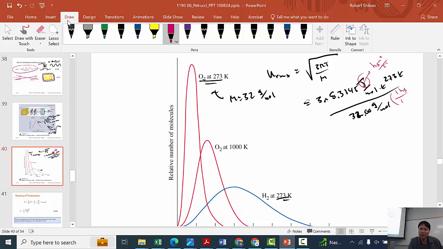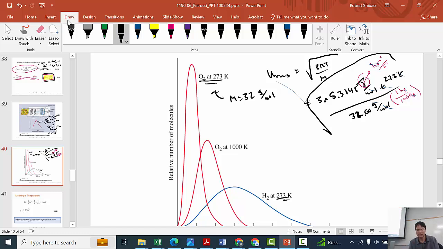1 kilogram is 1,000 grams. And then the units should work out. Because the moles should cancel, the grams cancel, the kilograms cancel, and the Kelvin cancels. And that leaves us with meters squared per second squared. And then we take the square root of that, and we'll get meters per second. So let's go ahead and calculate this here.